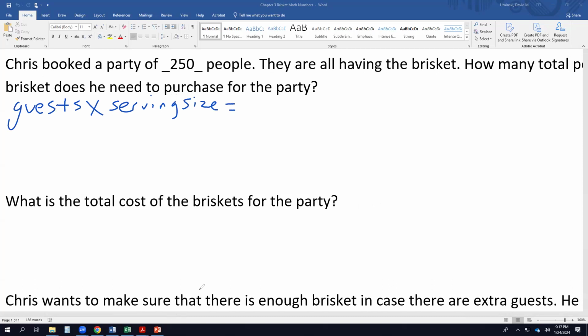The number of guests times the serving size equals our edible portion. In this case, it's going to be in ounces.